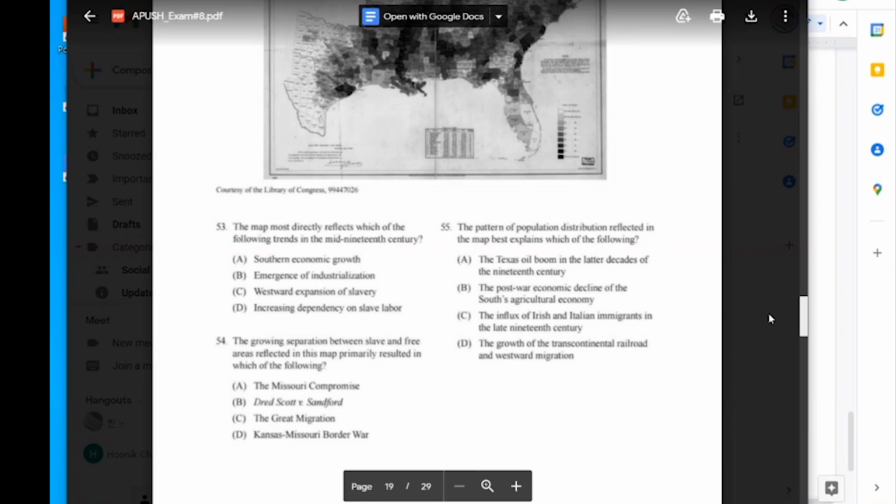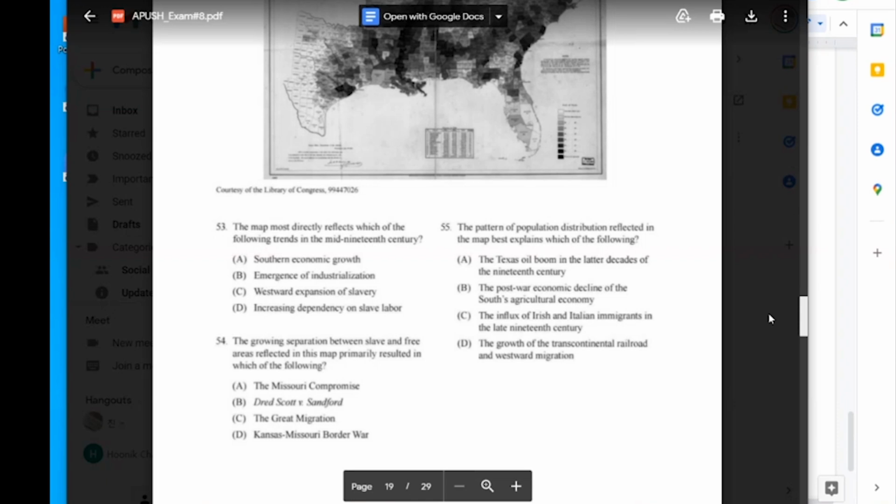So this small civil war included many conflicts between Missouri and Kansas, nicknamed Bleeding Kansas. Choices A and B are out because they happened prior to the year 1860, so chronologically incorrect. And choice C is incorrect because it occurred after. So D is the answer.